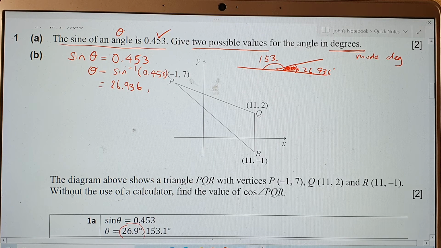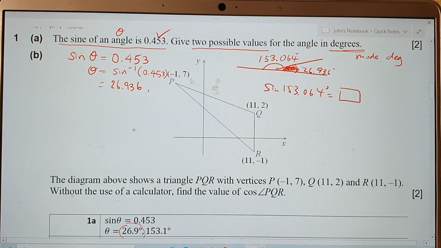You take 180 minus this, and you should get 153.064. Let me double check whether it's correct. Yes, correct. Now, if you just press sine of 153.064 on the calculator, you'll get a certain answer.